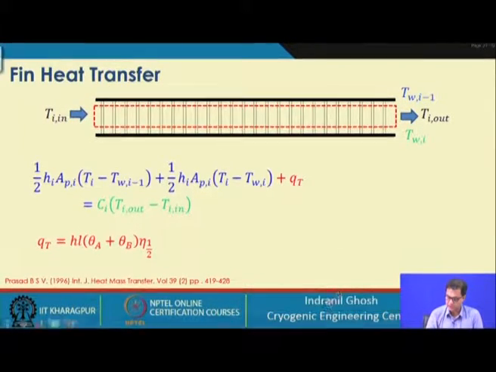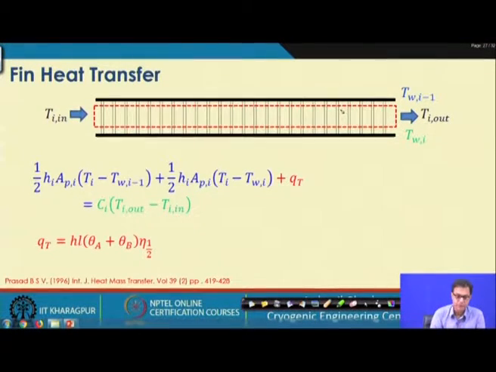For the ith fluid stream, we find that heat is getting transferred from the primary surface, as well as heat coming from the fin. Both for this type of fin and for this fin also, either it is A and B, and the separate primary surface area.